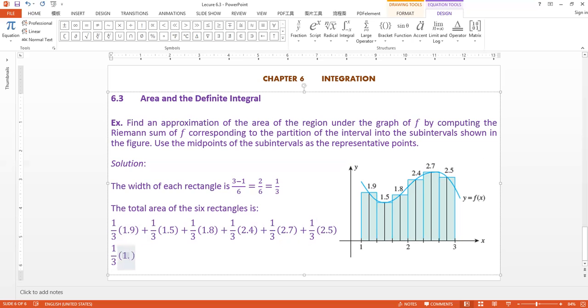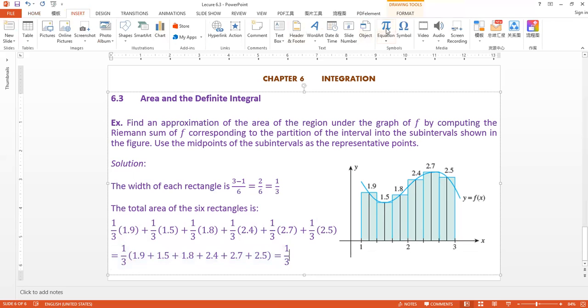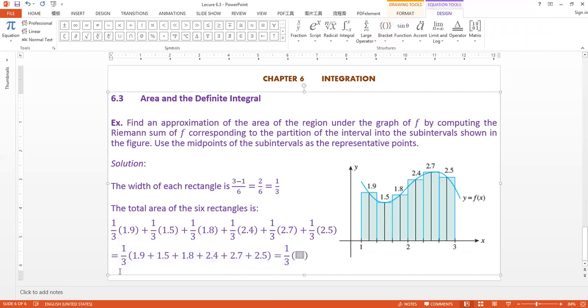Inside the parentheses we have the heights: 1.9 plus 1.5 plus 1.8 plus 2.4 plus 2.7 plus 2.5. This makes the computation a little easier in many cases. So that's equal to 1/3 times the sum. Let's see what we get.